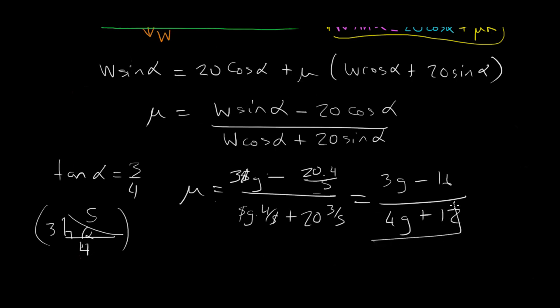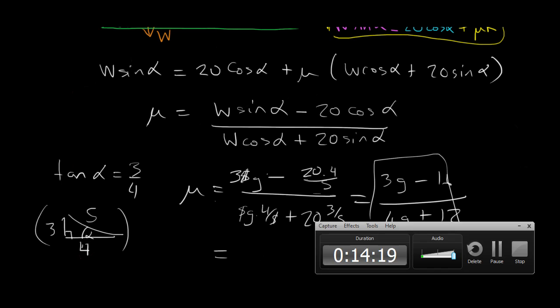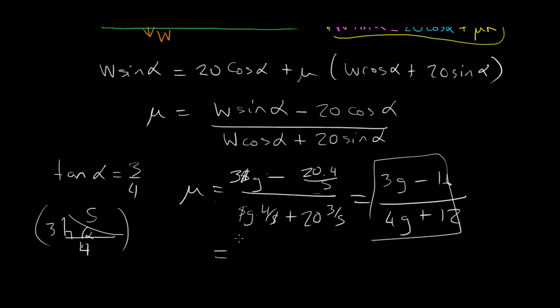So if you compute this on your calculator, you should get a number for mu, and it should be smaller than 1 always, and still got enough time, so hopefully I can do this for you and see what we get.